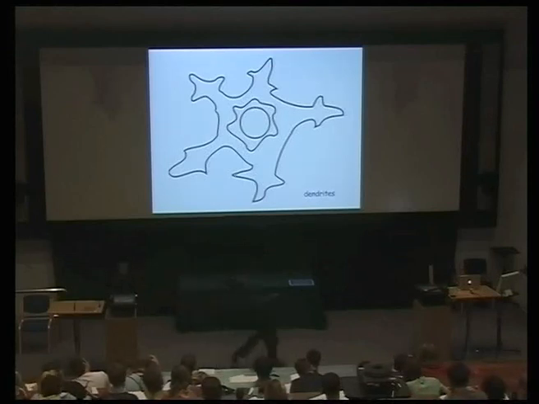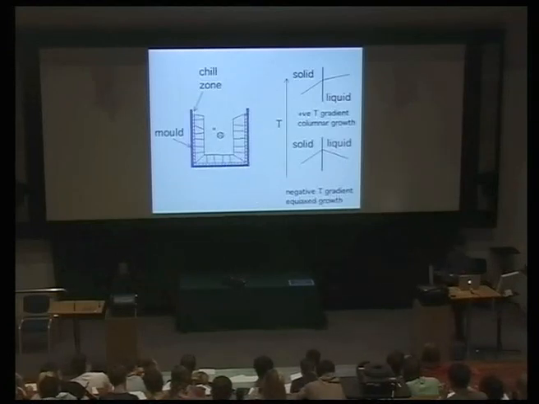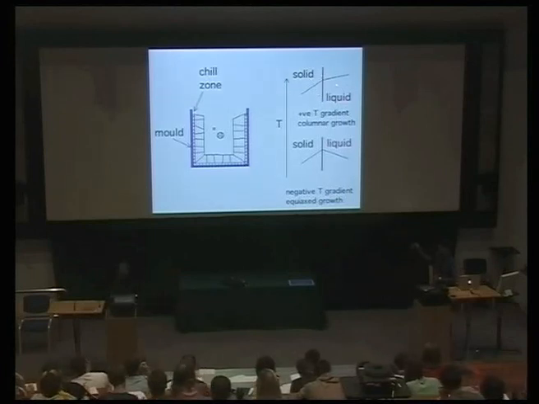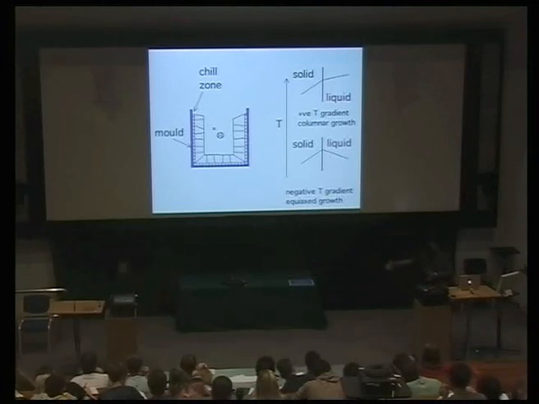Yeah? If I go back to this point, there's no way that this interface would be unstable, because if I put a perturbation on it, it would advance into hotter liquid. Okay? But here, it's actually advancing into colder liquid. And therefore, solidification is favored, and it will tend to grow. The perturbation will tend to grow.